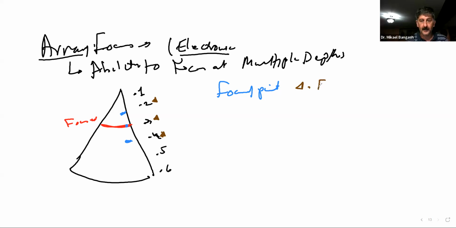That may indicate that these are your focal points or focal depths. Is that clear? So now you would know, because you see these small triangles right next to the depth of 2 centimeters, 3 centimeters, 4 centimeters, that these are my focal points.